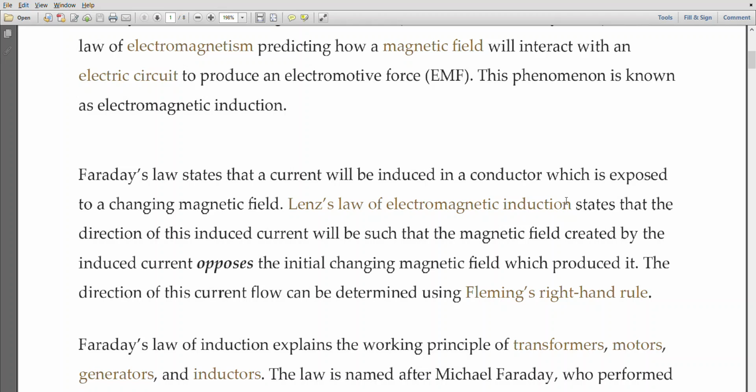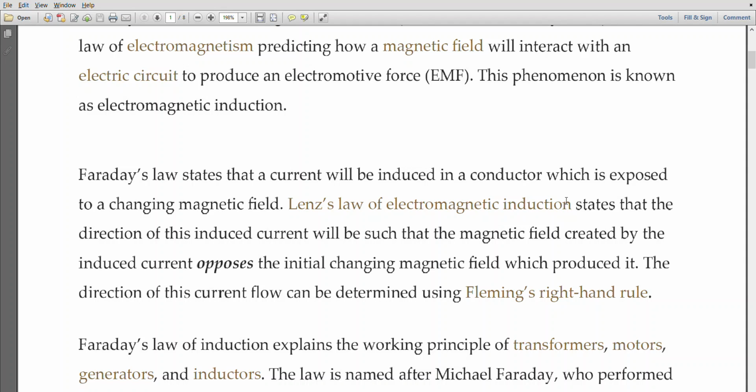The direction of the induced current will be such that, when there is a current in the coil, it on the other hand also produces a magnetic field, and that induced current's magnetic field will oppose the original magnetic field. This phenomenon is called Lenz's law of electromagnetic induction.